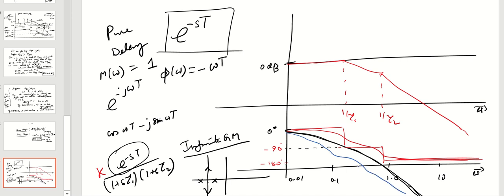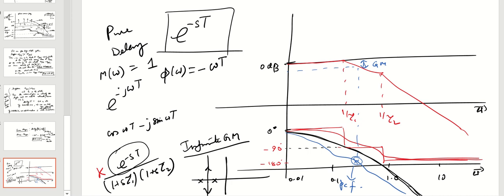So somewhere here you have already crossed. So this is your phase crossover frequency. If this is your phase crossover frequency, then you have only this much gain margin. This is the amount by which you can increase your gain.